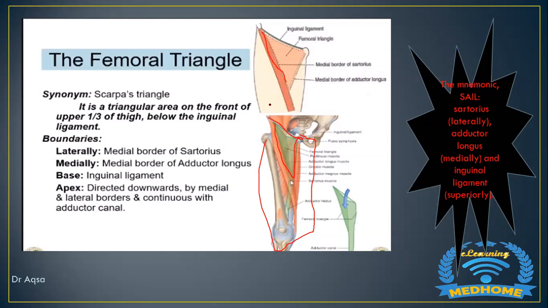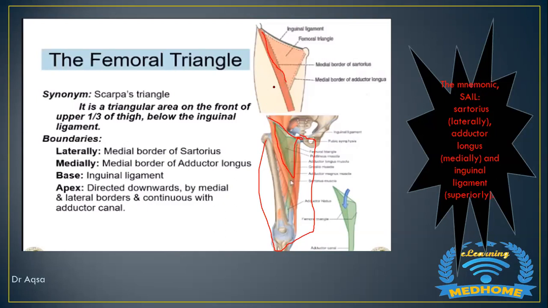A stands for adductor longus, the medial border of the adductor longus muscle, which forms the medial boundary. And I stands for the inguinal ligament, which forms the base superiorly.